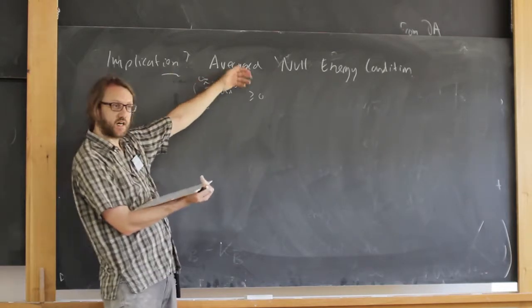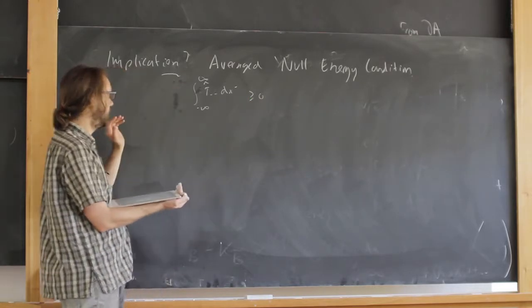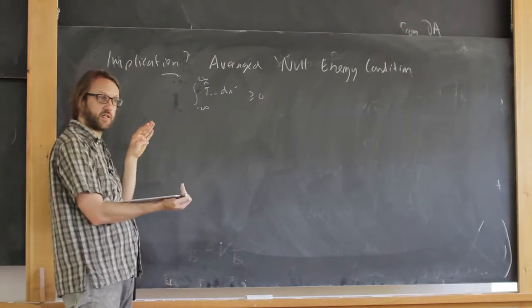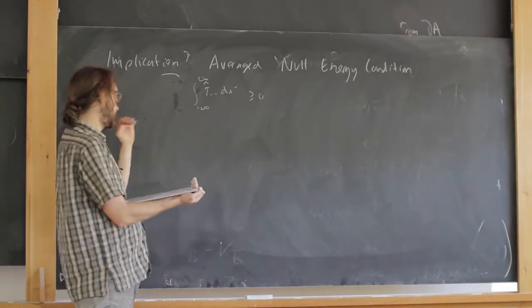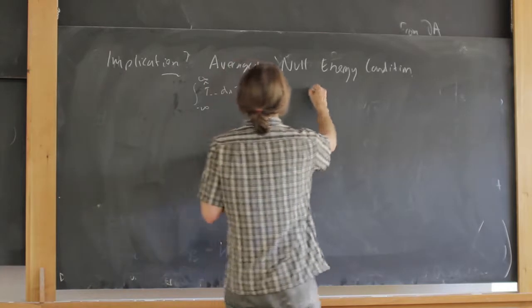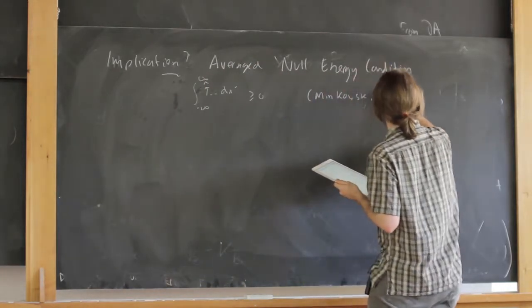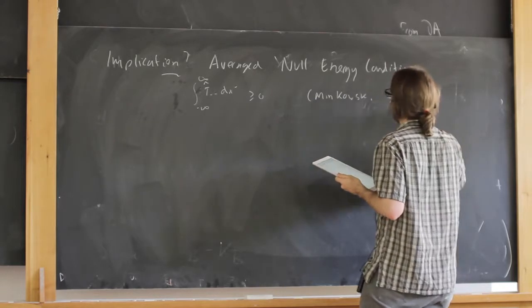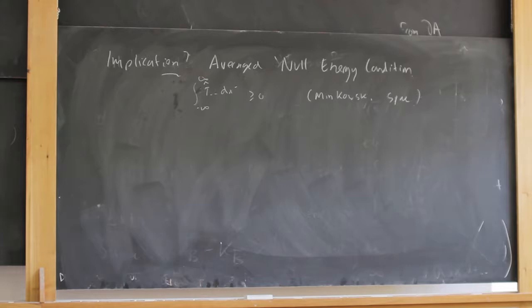But the original discussion of the average null energy condition is some constraint on the integral of the null components of the stress tensor integrated over a null geodesic in some spacetime. Okay, so this is one example. We're just doing it in Minkowski space, but you can formulate it in curved space. However, it's not really true in curved space.